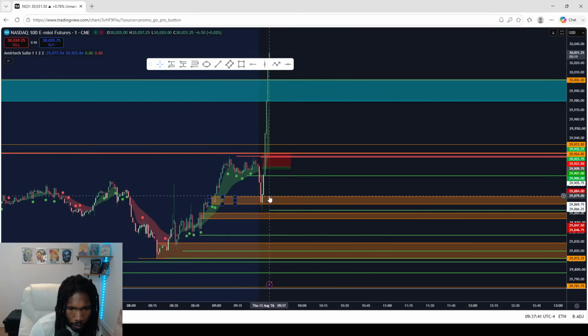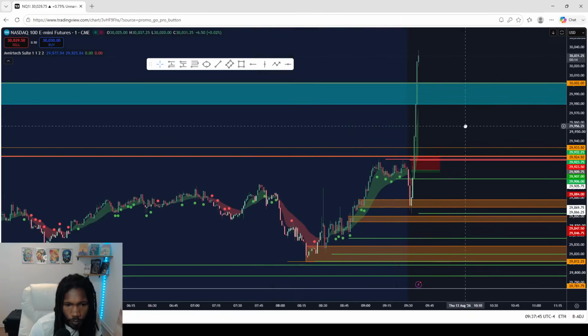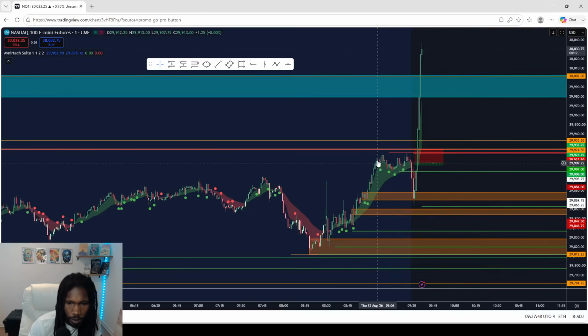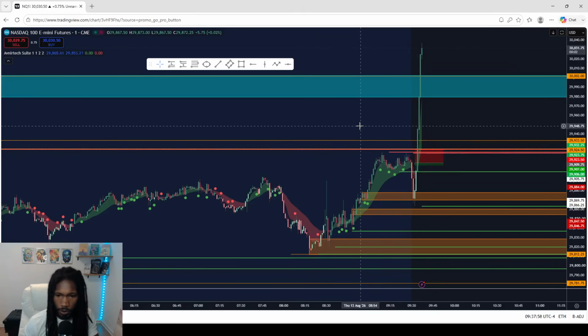Wick underneath, break above, could have entered right here to take out these highs. I wasn't looking at that. I was anticipating the retracement and the continuation to break these lows. But yep, move the stops into profit right away because the market is kind of crazy right now.